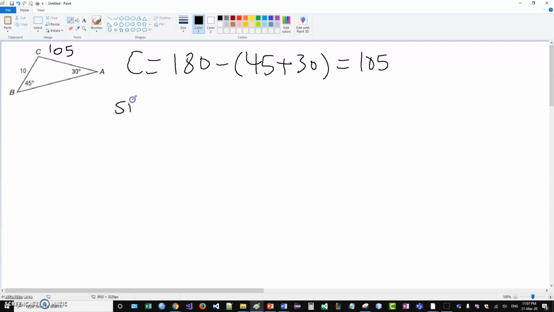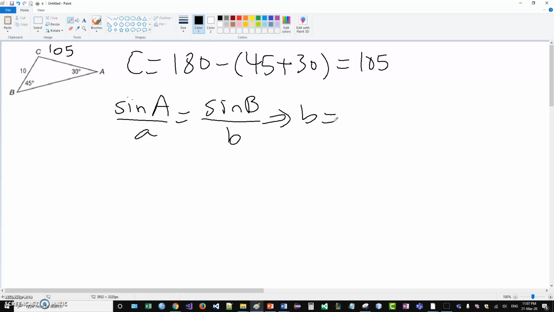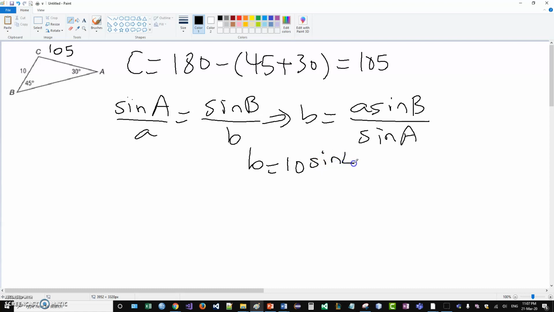We can say sine A over a equals sine B over b, which means side b equals a sine B over sine A. So b equals 10 sine 45 over sine 30, which equals 14.1 using the calculator.